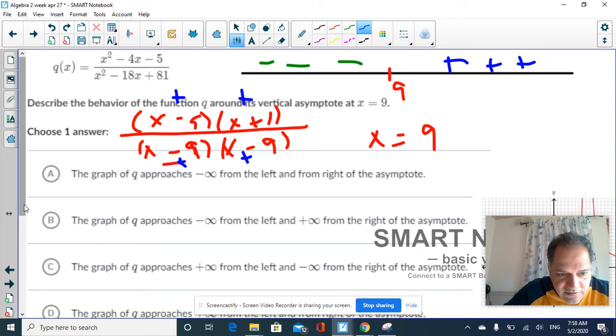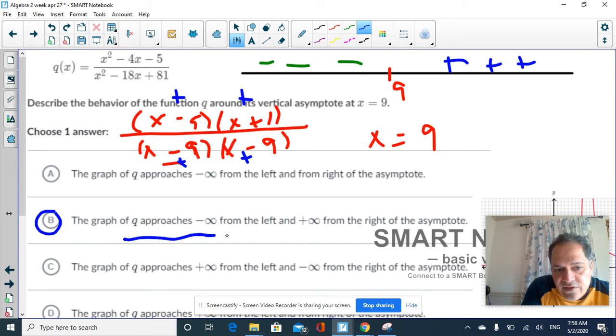The question itself is looking for negative from the left and positive from the right, that is, positive infinity from the right of the asymptote. The graph approaches negative infinity from left, and positive from right.